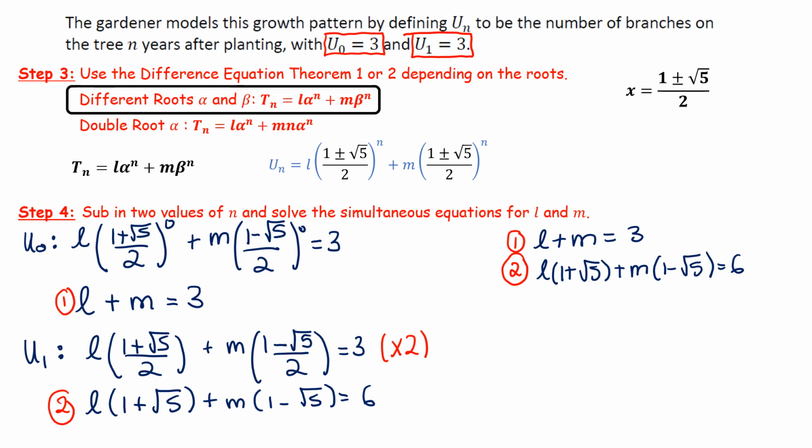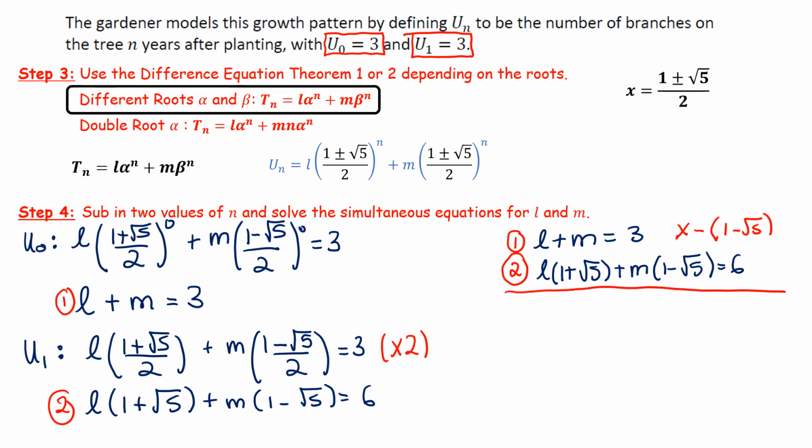So I'm going to make the M's disappear. I'm going to eliminate the M's. And to do that, I'm going to multiply by minus (1 minus root 5), and I do that to the whole top equation.